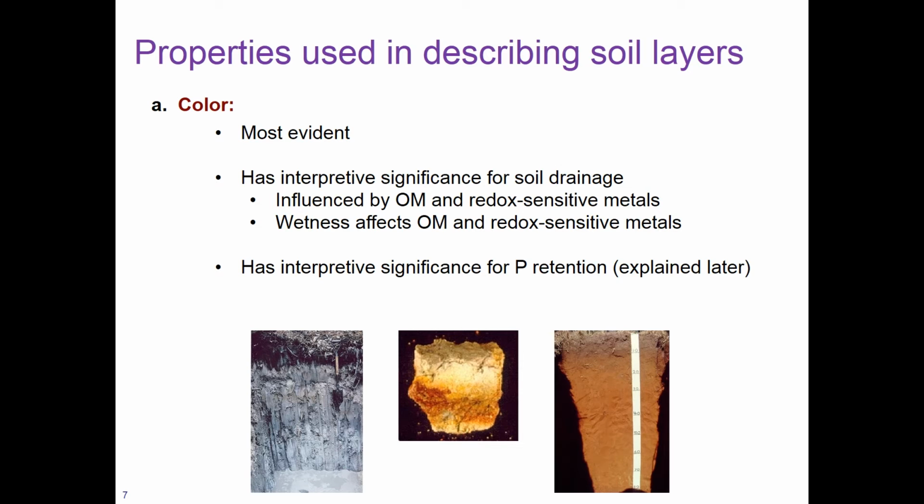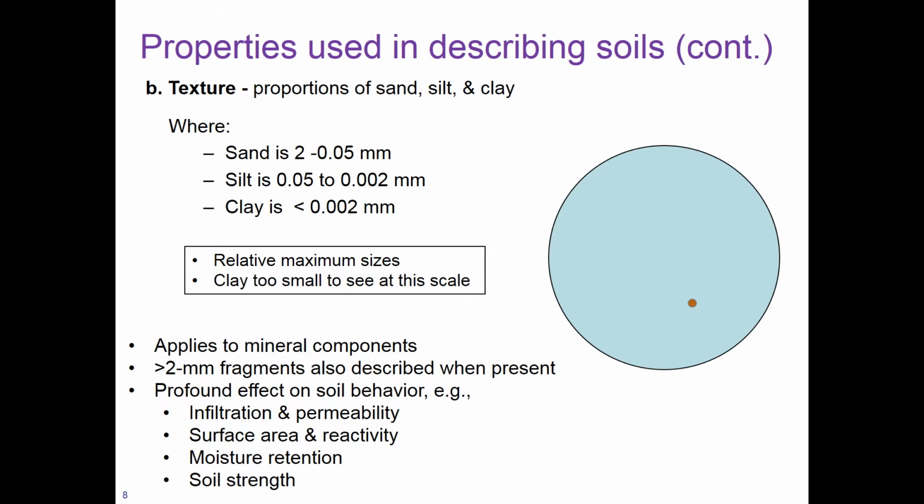Texture or particle size distribution is another important property used in describing soils. It amounts to the proportions of sand, silt, and clay, where sand is 2 to 0.05 millimeters in size, clay is less than 0.002 millimeters, and silt is material that's in a size ranging between sand and clay.